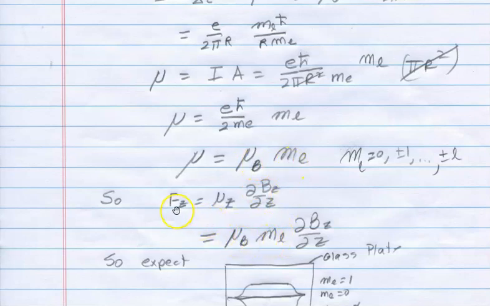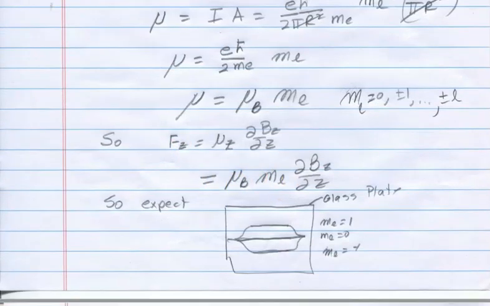And now you see that the force gets quantized into 3 pieces. Well, I say 3 pieces. If L is 1, I get m sub l equal to 1, m sub l equal to minus 1, and m sub l equal to 0. And so one expects now to get 3 separate dark lines on the glass plate when we pass through.